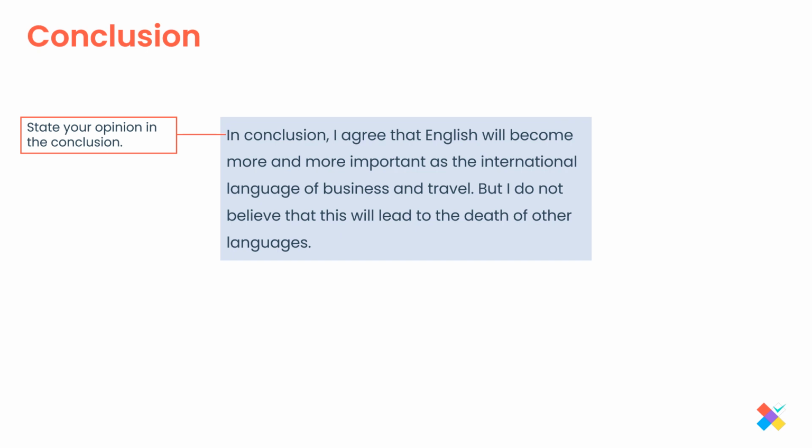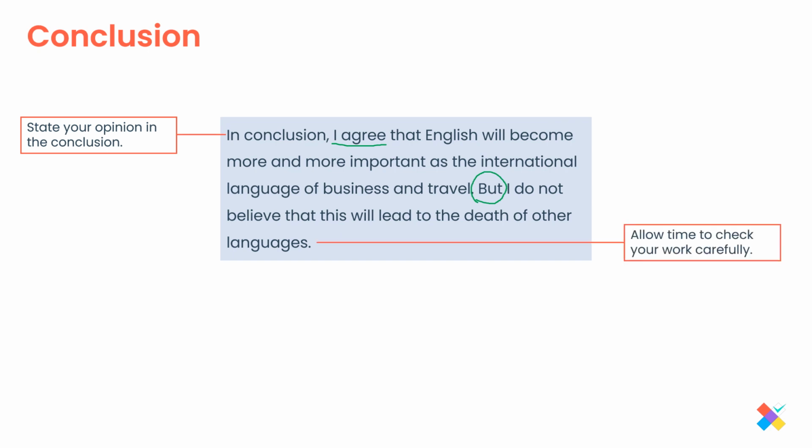"I agree that English will become more and more important, but I do not believe that this will lead to the death of other languages." Restating the stance, not including any new ideas, nothing complicated, 2 sentences.